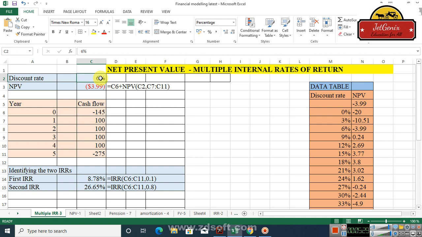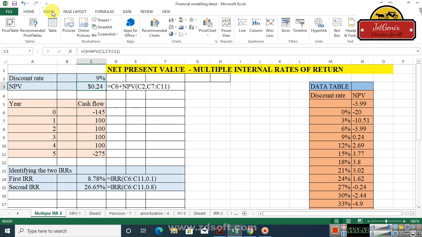For example, I will just press 0, and you see the NPV is 20 at the 0 discount rate. Now if you change it to 9, you see the NPV is 0.24. I have calculated all these NPVs with different discount rates, and now I'm going to plot it on the graph, and then I will explain how these two IRRs are the correct IRRs.